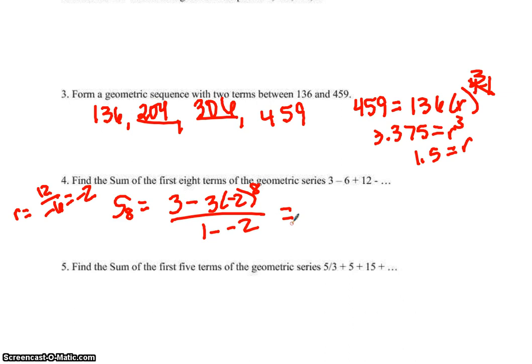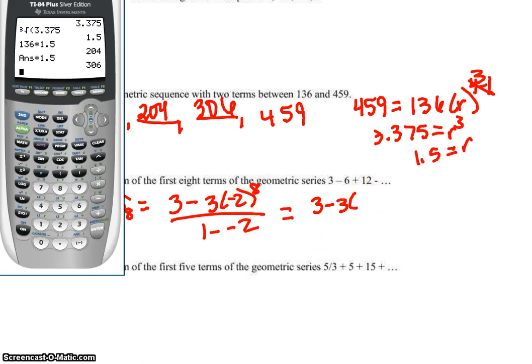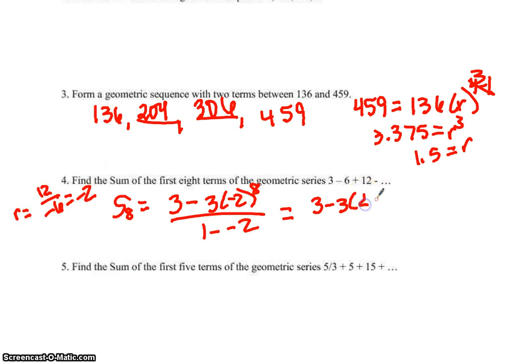Be careful if you're going to go straight to the calculator because it needs lots of parentheses. This is really like saying 3 minus 3 times negative 2 to the 8th. It's going to be a fairly large number. Open, negative 2, close, caret 8, 256. Over 1 minus negative 2 is really 1 plus 2, which is 3.